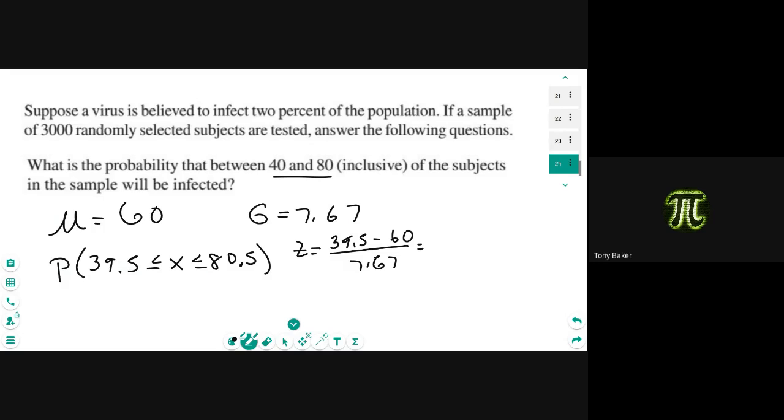2.67. And 7.67, you did the 3,000 times the 2% times what? 98%.